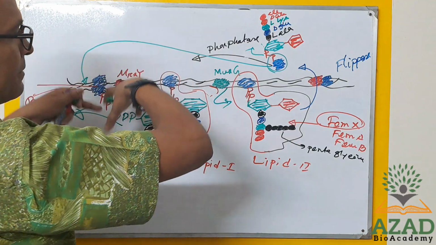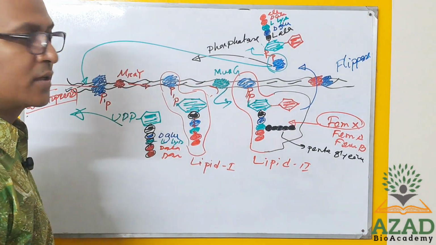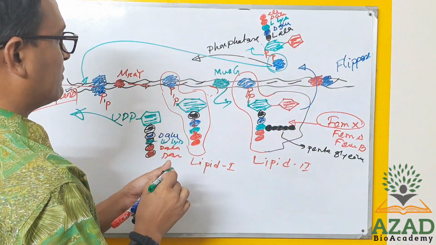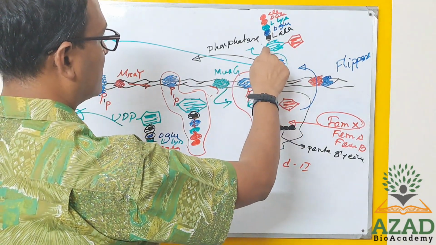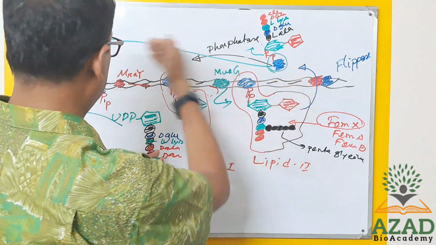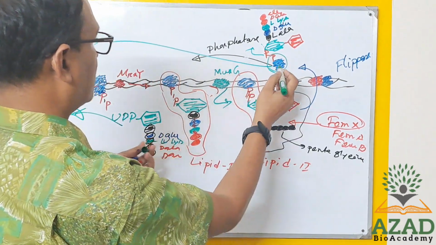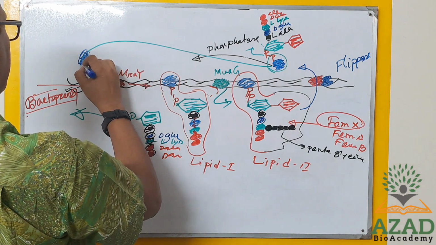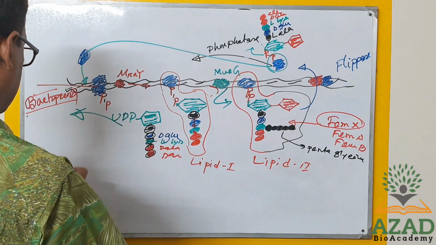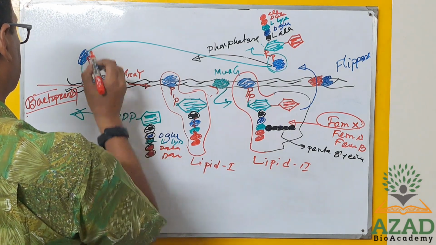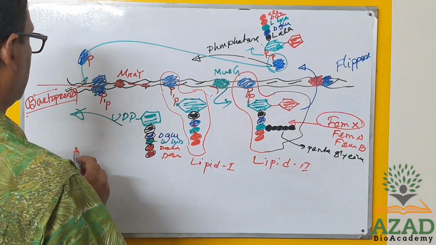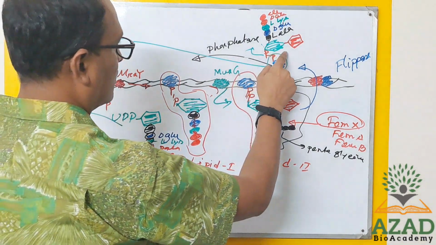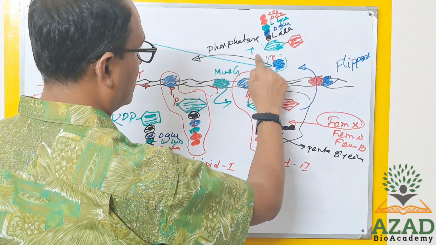Now it is free, so you can draw here the bacterioprenol carrying a single phosphate, and then it will attach here again. So you can omit this phosphate here.